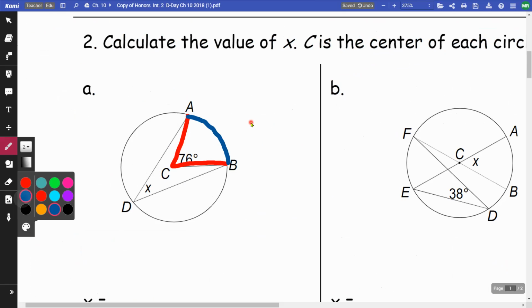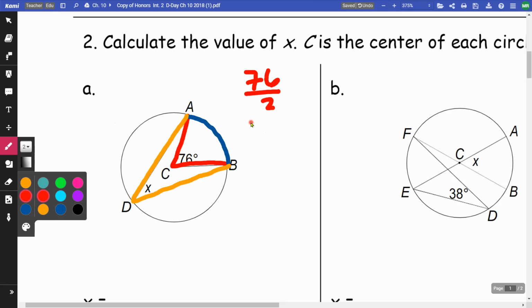And it is going to be double our inscribed angle that forms that same arc. So I am going to take 76 divided by 2. And x is going to end up being 38.